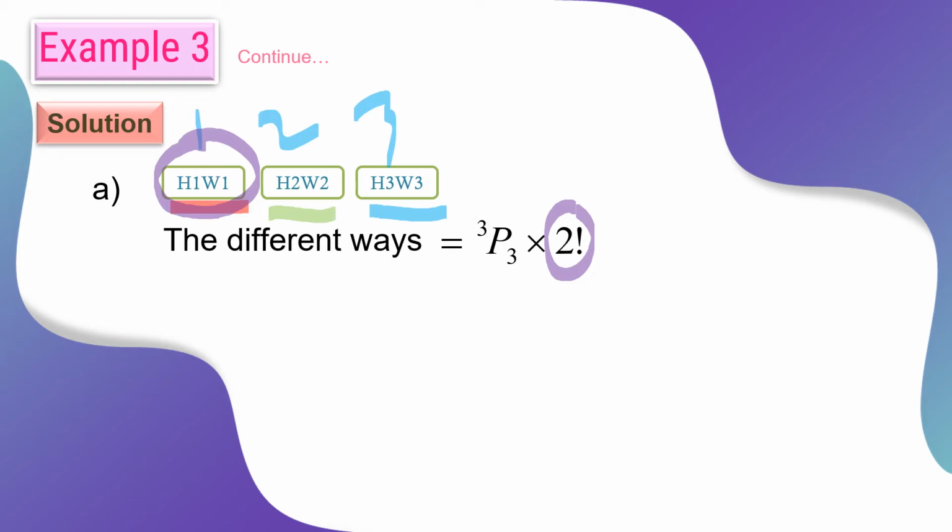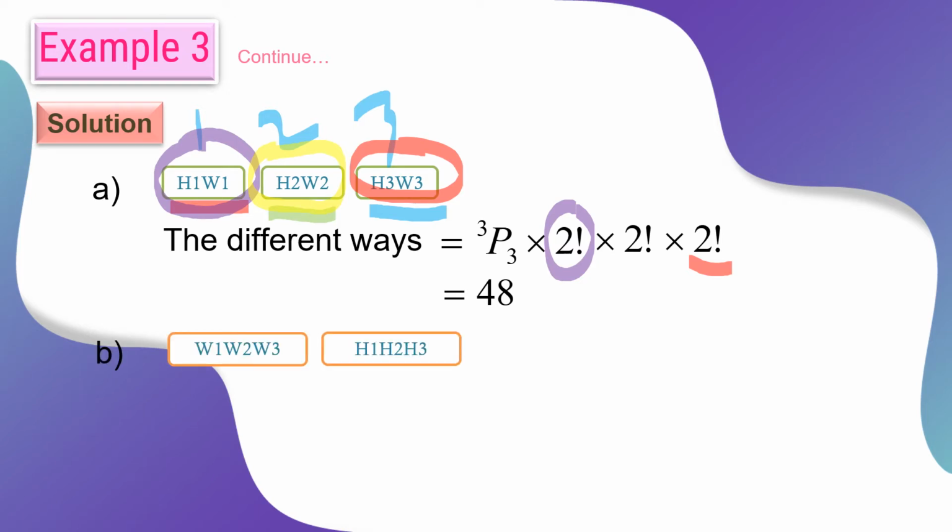The same concept applies to the third couple. Finally, the answer is 48 ways.